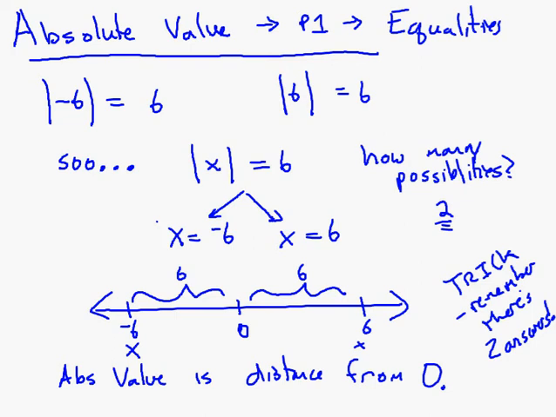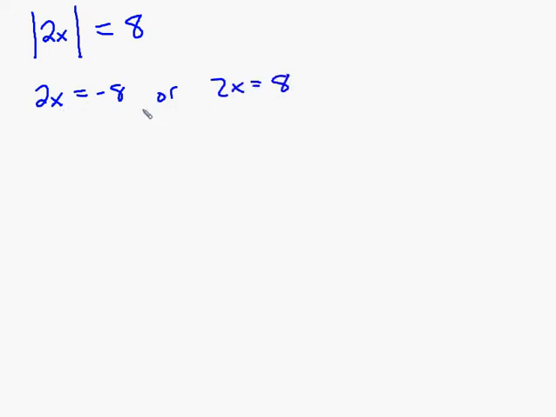Okay. So let's do a few simple examples. So if I did absolute value of 2x equals 8, I have 2 possibilities, right? The 2x could be -8, or the 2x could be +8 because of the reasons that we just talked about.